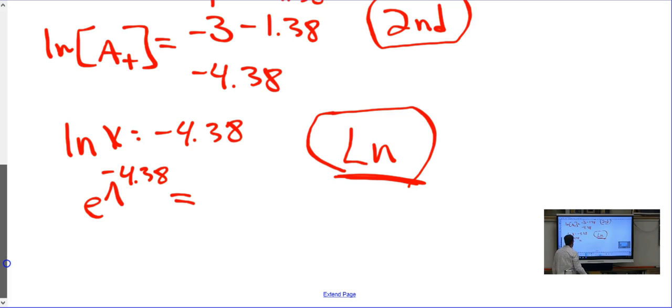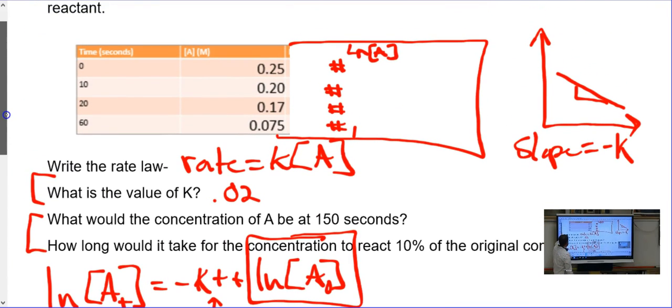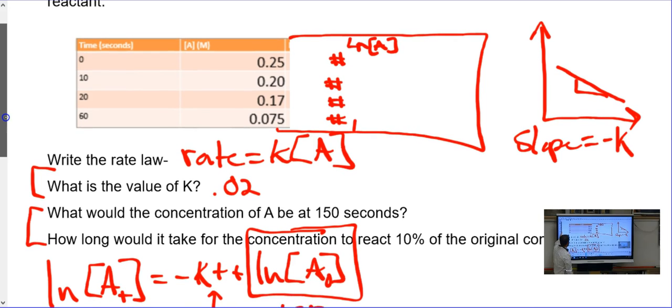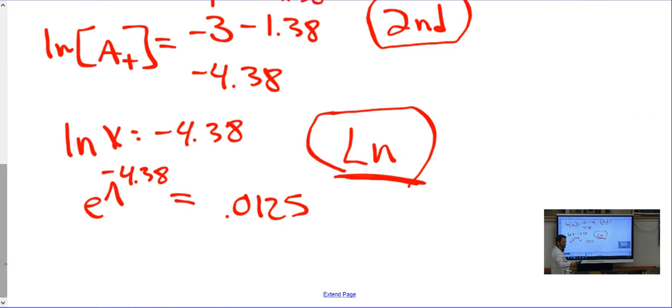That looks a lot better. 0.0125. Is that what you guys got? Yeah. Okay. We'll call that good then.